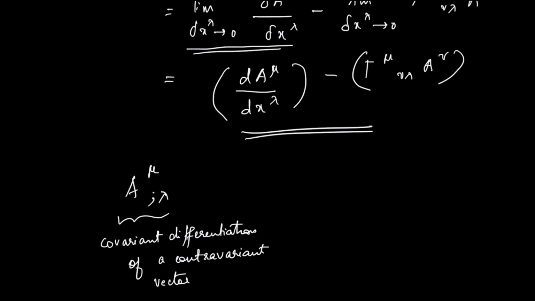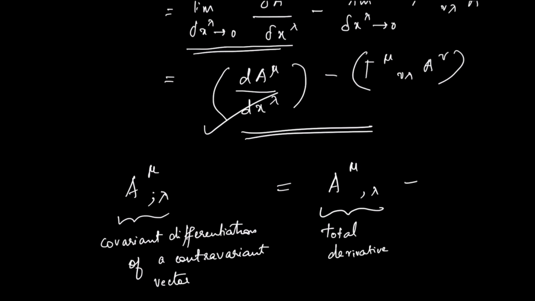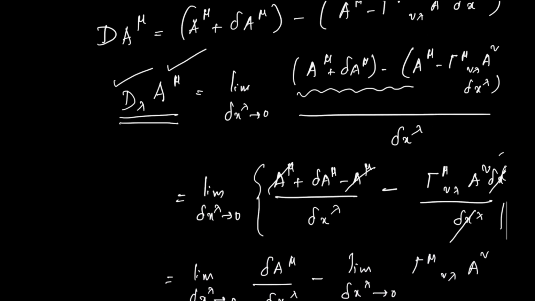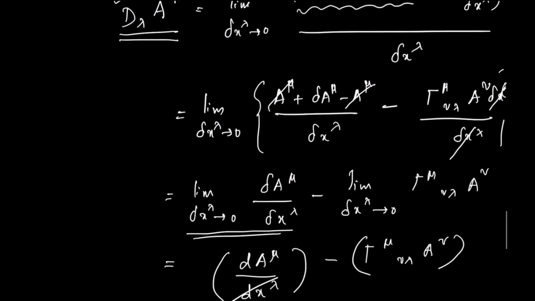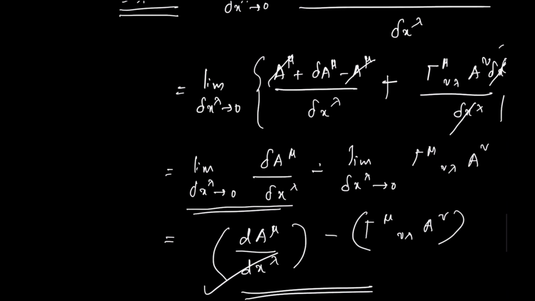The covariant differentiation of a contravariant vector is equal to, now I have to write the total derivative, so I write A mu comma lambda. This represents the ordinary total derivative. Then, see, here there was a minus, and here also there is a minus, so this will become plus.